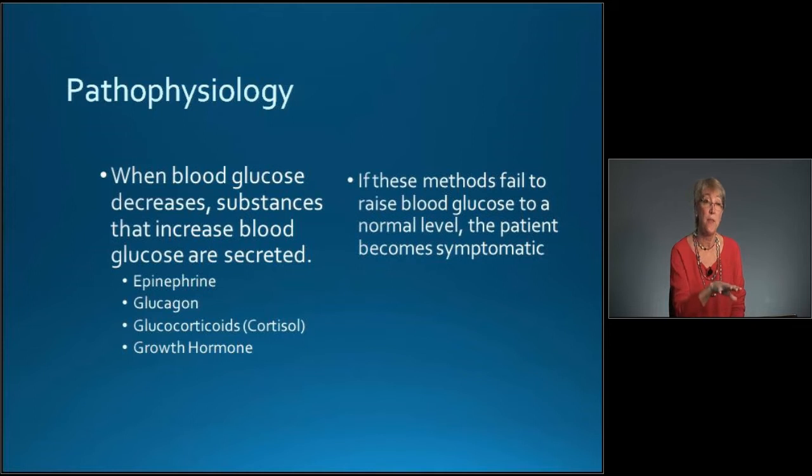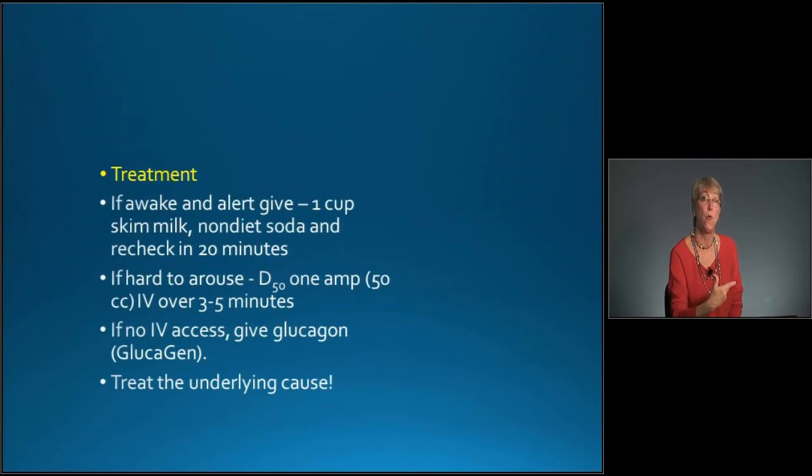But if these methods fail to raise blood glucose to a normal level, that's when we see symptoms appear. That's when we see our patients get shaky, diaphoretic, confused, because our normal mechanisms can't fix them. So now we have to intervene.